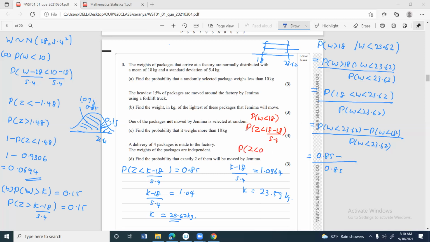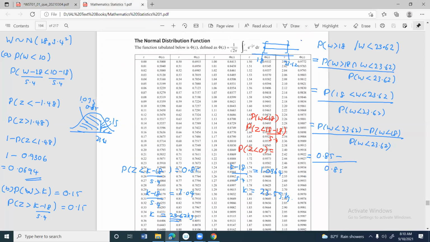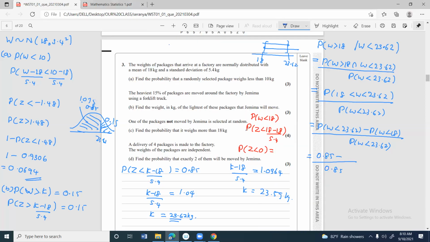If you go to the table, Z less than 0 is 0.5. So with this fact, you can get the final answer: 0.35 divided by 0.85, which is 7/17.